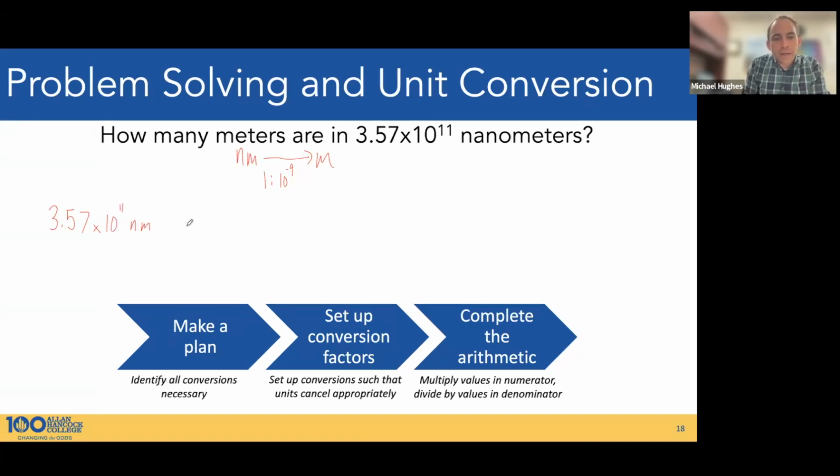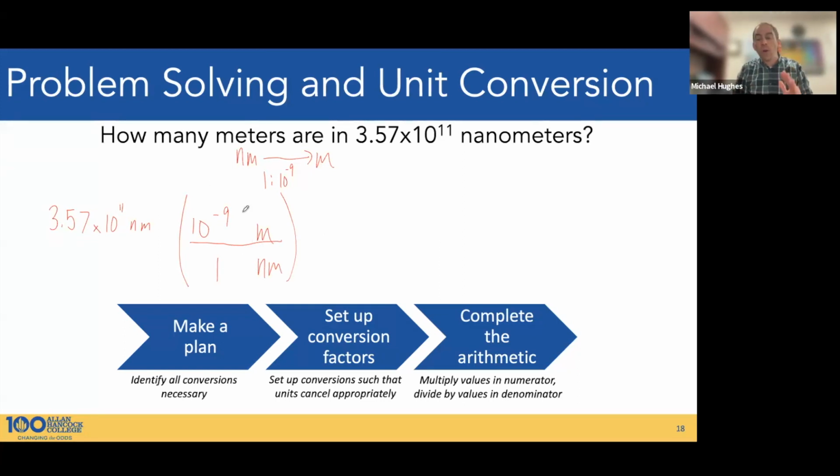Now set up our conversion factor. So nanometers is going to go away, meters is going to come out, and there is 10 to the negative 9th meter in 1 nanometer. Or you could say 10 to the 9th nanometers is 1 meter.